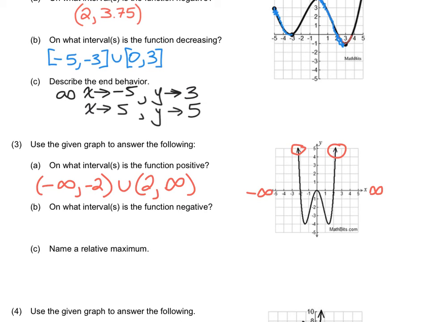All right. What interval or intervals is the function negative? All right, so that would be below the x-axis. Negative 2. Well, it's the whole thing here, right? But not including the 0? Oh, is that what you're saying? Okay.